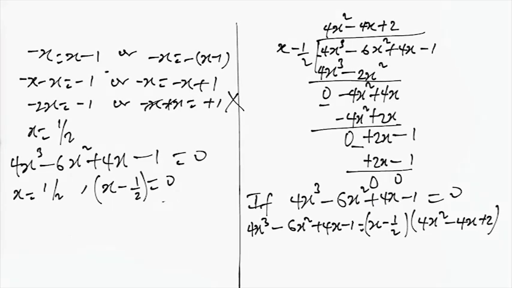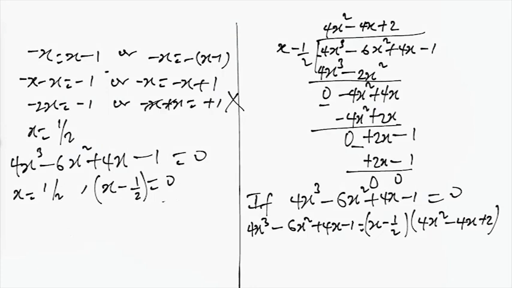Initially, we need to factorize this, and we know that 4x cubed minus 6x squared plus 4x minus 1 is 0. Now, based on our long division that we just did, we can also confirm that 4x cubed minus 6x squared plus 4x minus 1 is the same thing as x minus 1 over 2 multiplied by 4x squared minus 4x plus 2.